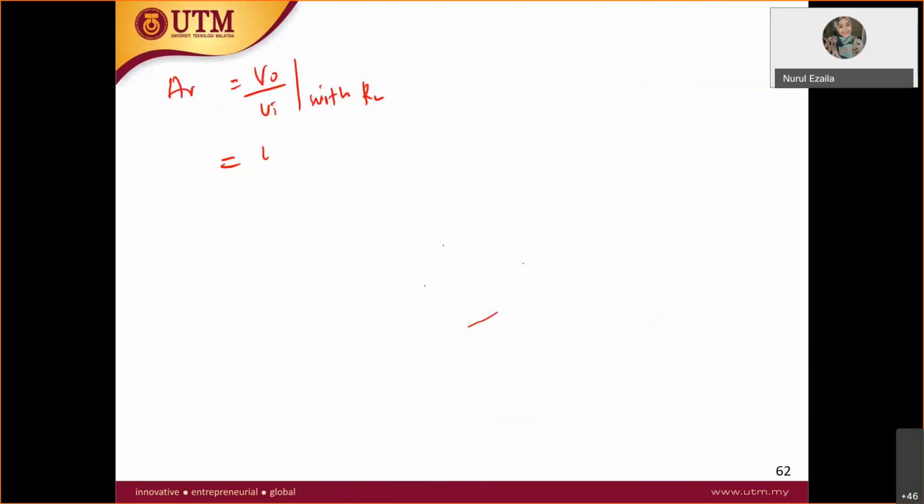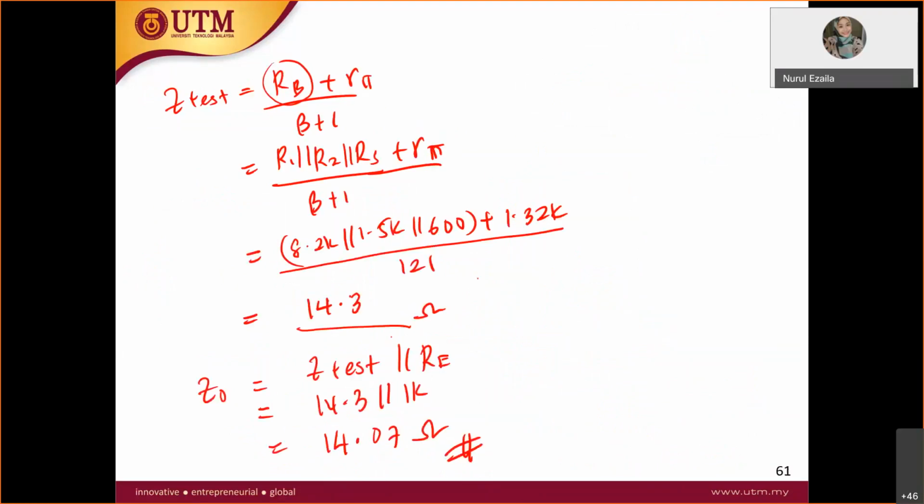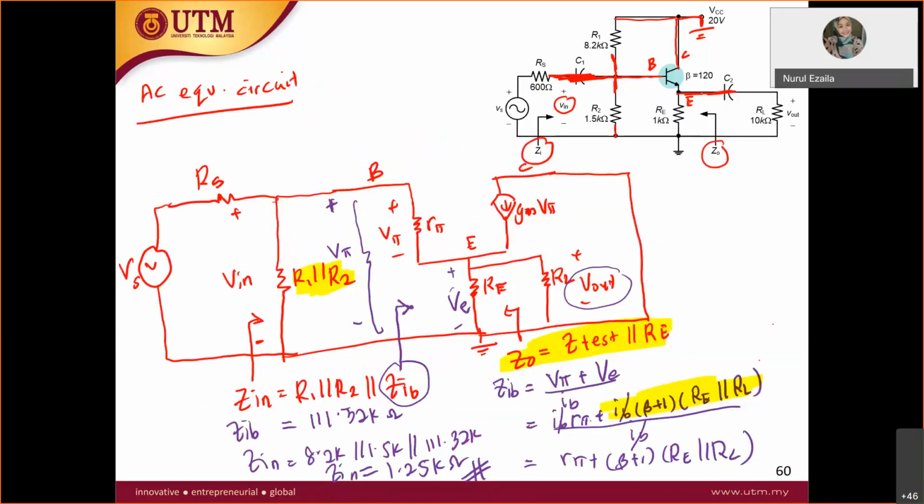Now it is with RL, therefore RE parallel with RL. And then V in. V in is equal to, what is V in? Student, what is V in? VT. Yes.